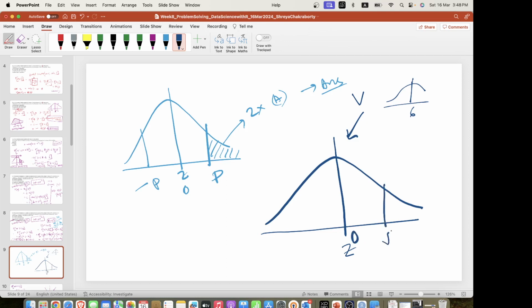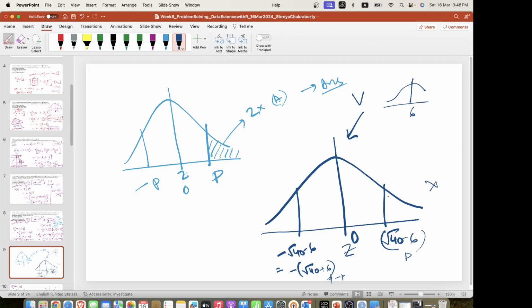I wanted root 40 minus 6 and minus root 40 minus 6, which is essentially minus root 40 plus 6. So this area and this area are not equal because this is not P and this is not minus P. Got it? So this approach will not work.